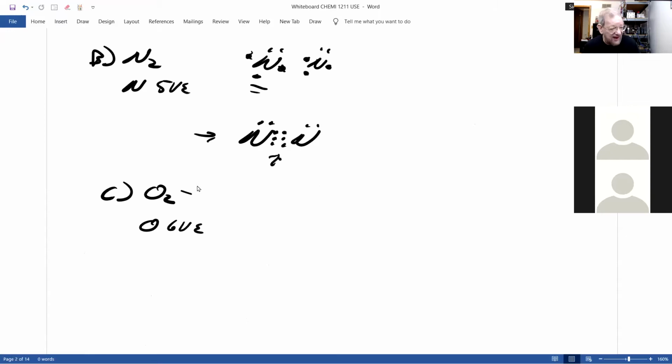O2, oxygen gas. Each oxygen has 6 valence electrons. Why don't you try drawing the Lewis structure for oxygen gas? Your turn.